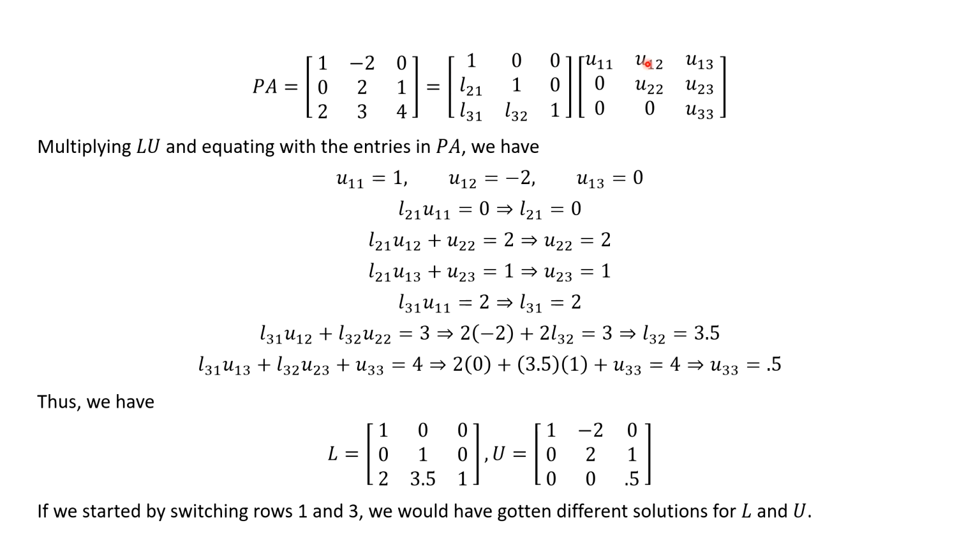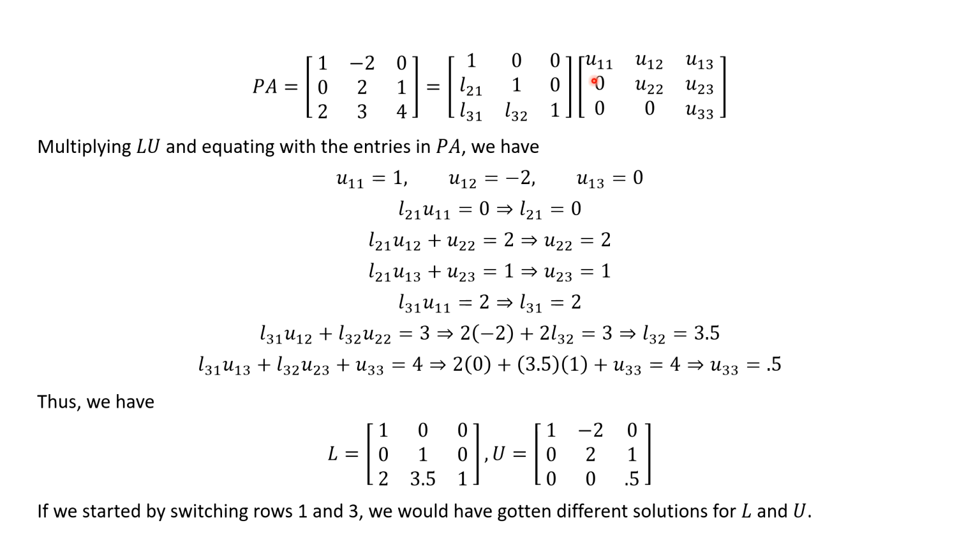And take this times the second, and you get U12 equals minus 2. This times the third, you get U13 equals 0. Then you go to the second row times this, and you get L21 times U11 equals 0. And we know that U11 is 1, so that gives us L21 as 0.